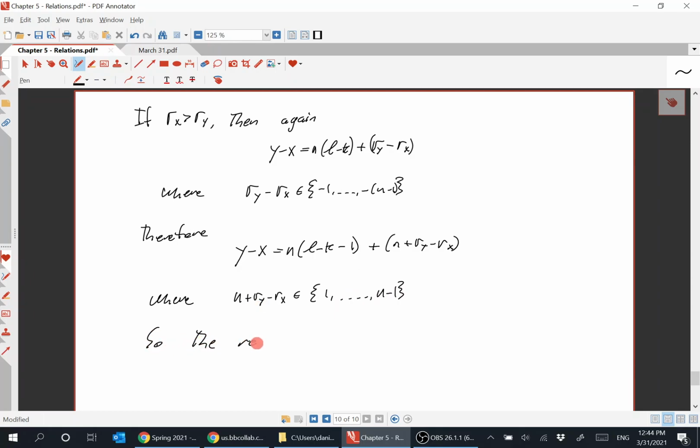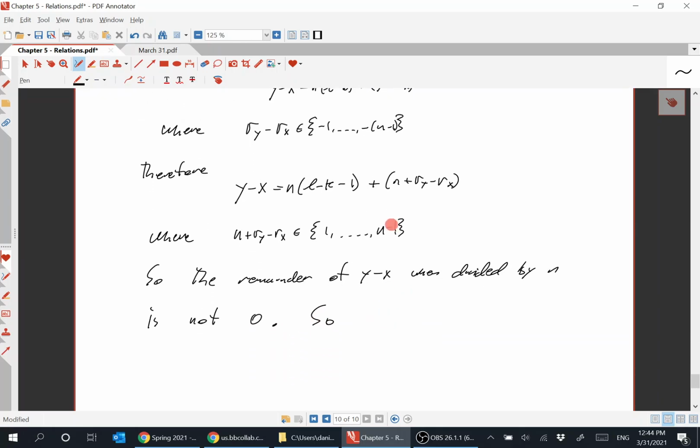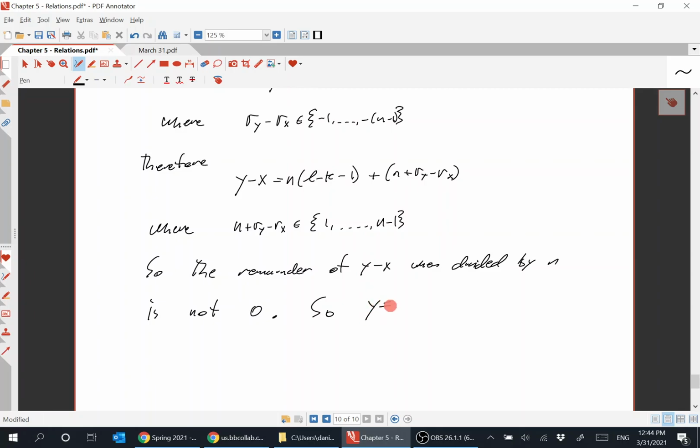So the remainder of y minus x when divided by n is not 0. So x is not equivalent to y mod n. And that's the end of that proof.